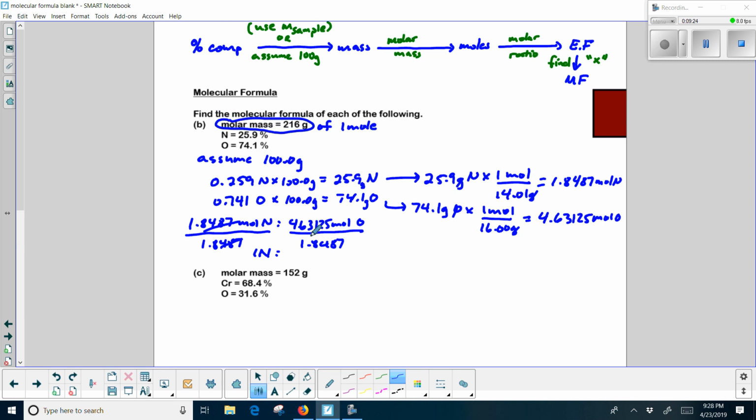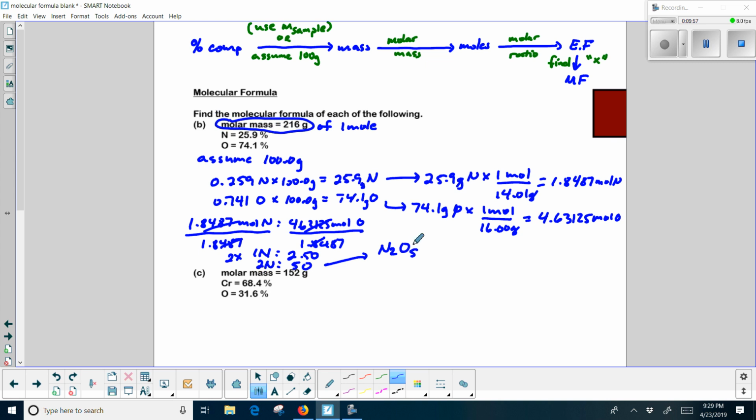And over here, we're going to end up with, looks like, 2.5 oxygens. So every 1 nitrogen has 2.5 oxygens. That's an awkward number. The easiest thing to do would be to multiply both sides by 2, to get whole numbers. So every 2 nitrogens, you're going to have 5 oxygens. So what would my formula be? My empirical formula would be N2O5.